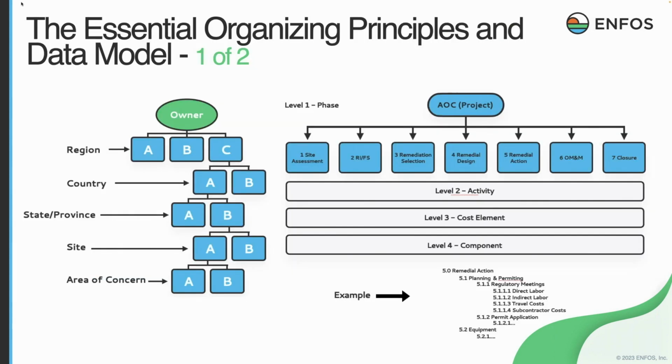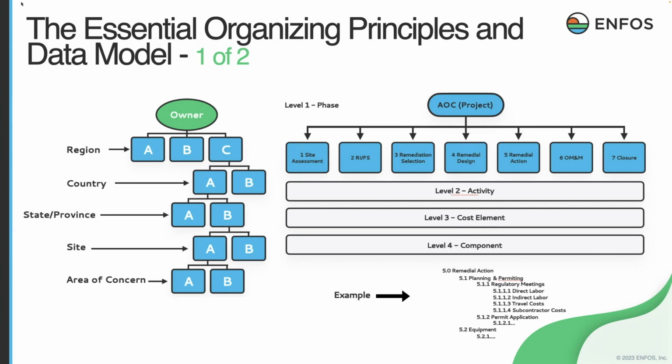Okay, I'm going to jump into data structures and organizing principles when it comes to spend management. On the left-hand side, this is a depiction of an organizational project hierarchy. The owner would be an ENFOS customer, right? Or ENFOS future customer.